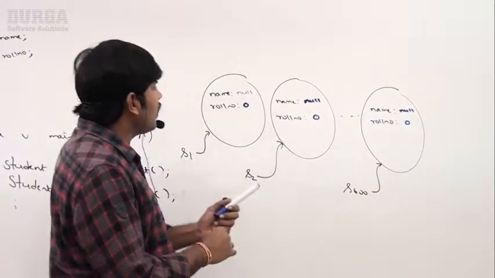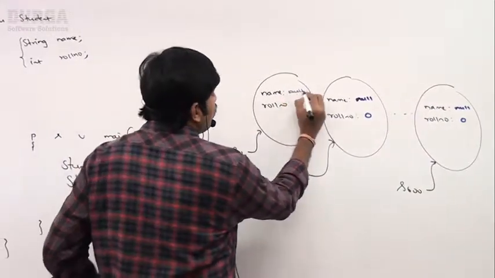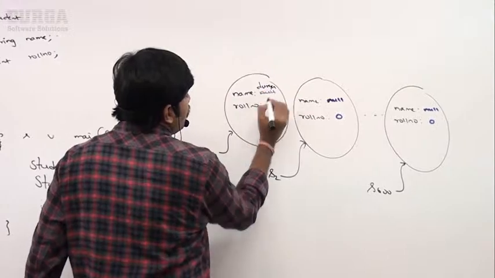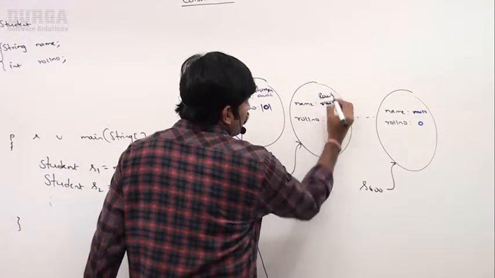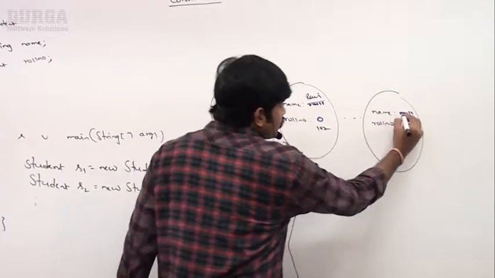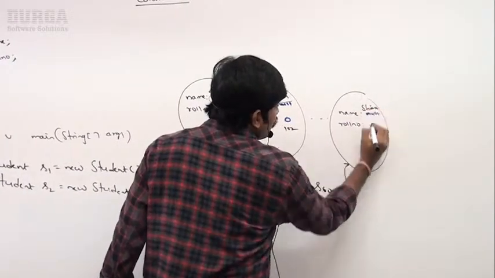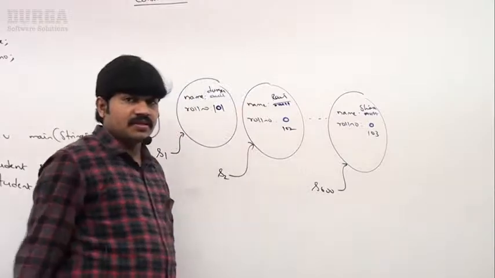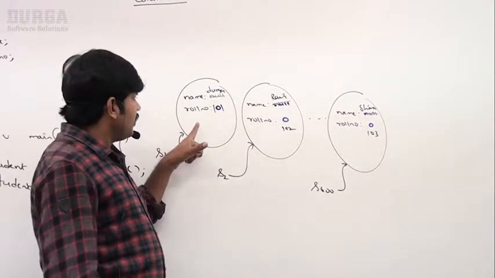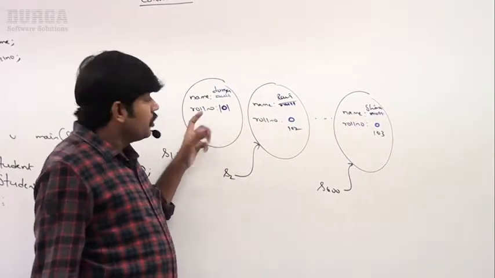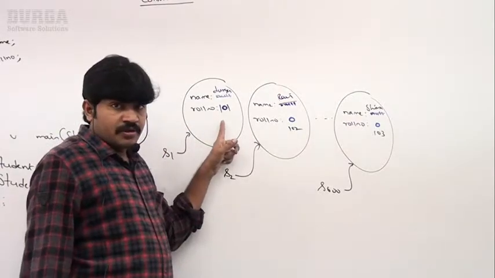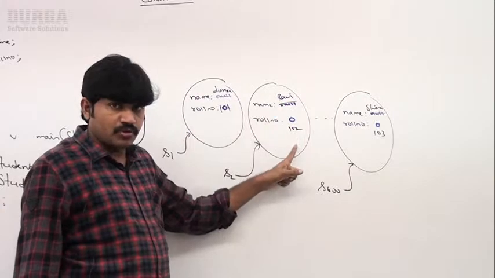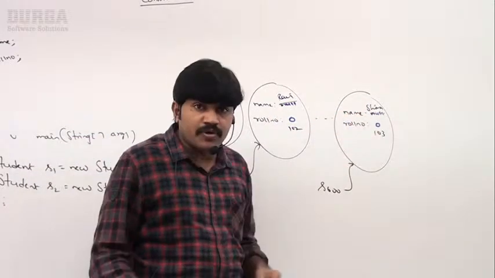Here I am taking names: first student name Durga, roll number 101; second student name Ravi, roll number 102; third student name Shiva, roll number 103. Now when I ask a student for name and roll number, happily they tell me: my name is Durga, my roll number is 101; my name is Ravi, roll number 102; my name is Shiva, roll number 103.